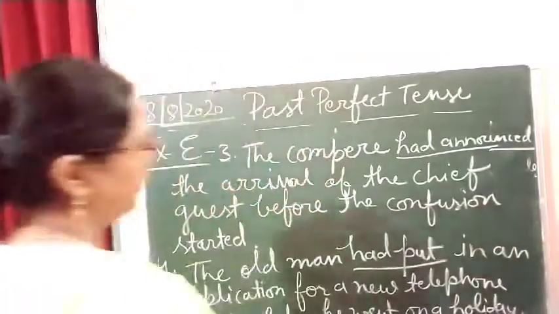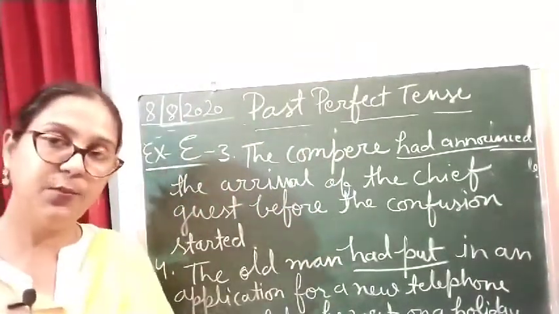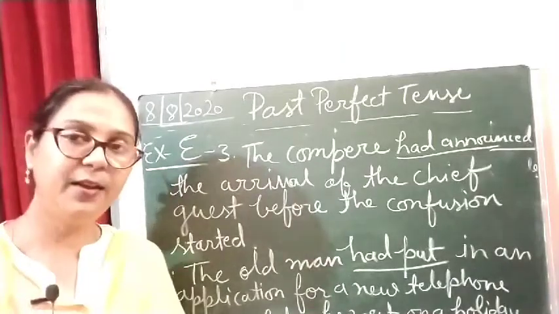So this way we have completed exercise number E, which was based on past perfect tense.